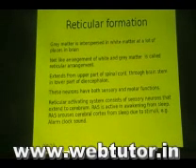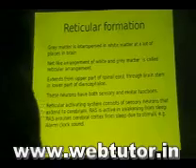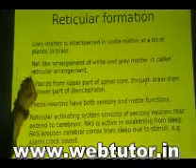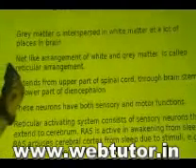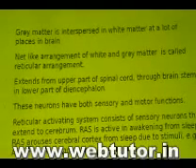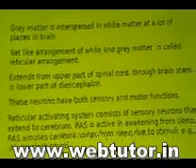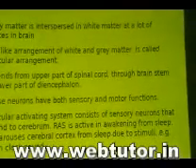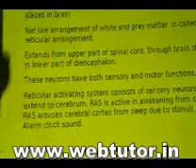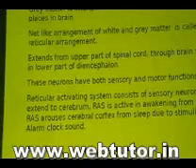Grey matter is interspersed in white matter at a lot of places in the brain. This net-like arrangement of white and grey matter is called reticular arrangement. It extends from the upper part of the spinal cord through the brainstem to the lower part of the diencephalon. You can consider it like a thick net passing from the spinal cord through the brainstem, reaching up to the lower part of your diencephalon.